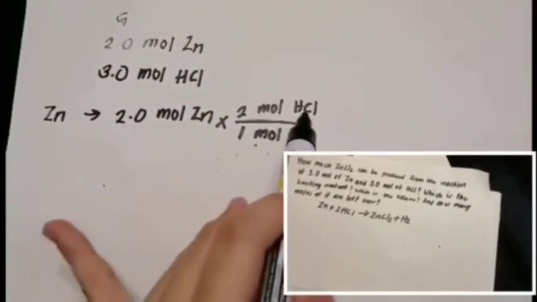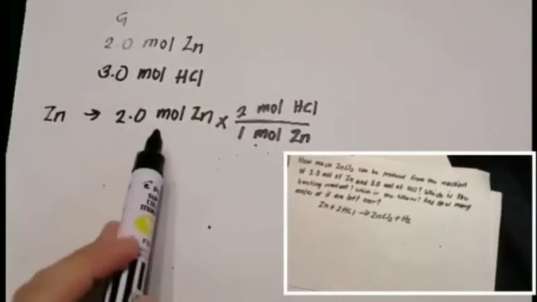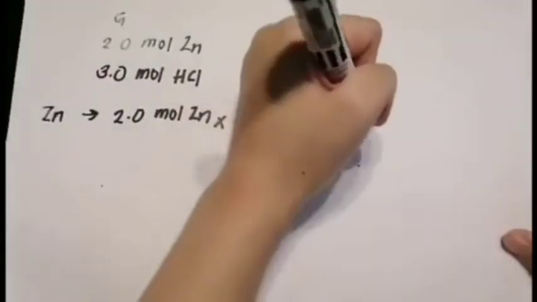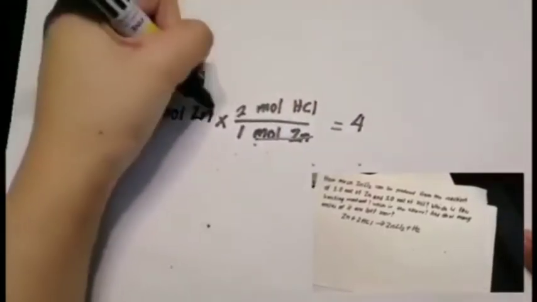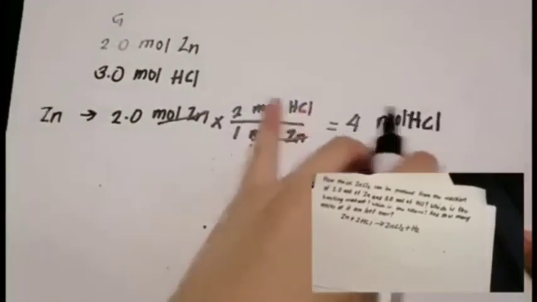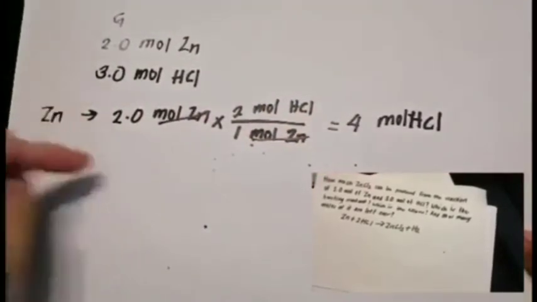We need to determine how much HCl we need for the 2 moles of Zn to react completely. So if you multiply 2 times 2 and then divide by 1, it equals 4. Then you can cancel out mole of Zn, and what's left is mole of HCl. So this means that you need 4 moles of HCl in order to make the zinc react completely.